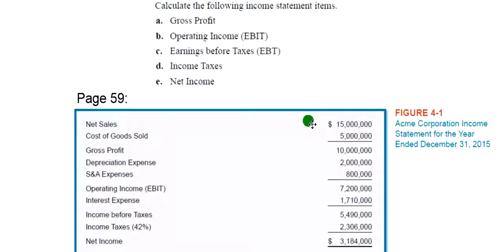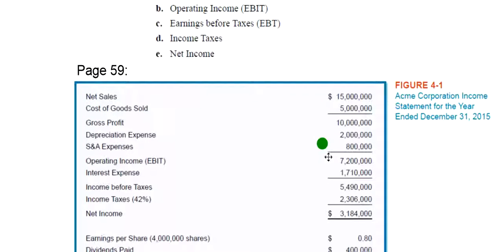We take our gross profit and subtract from that our total expenses, and that gives us our operating income, or earnings before interest and taxes. Then, to get just our earnings before taxes, we need to subtract from that our interest expenses.